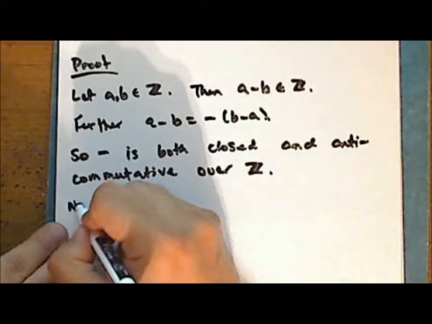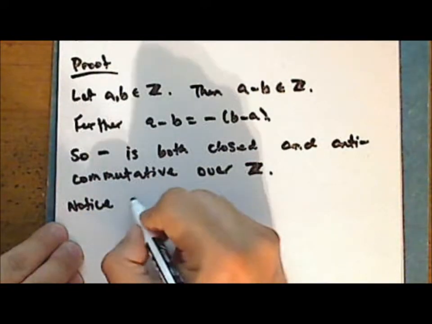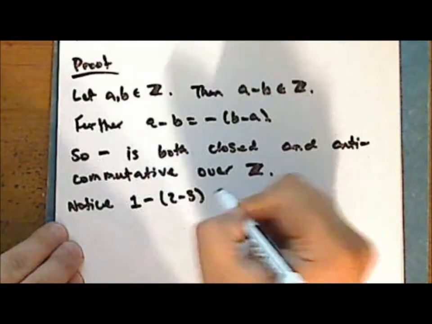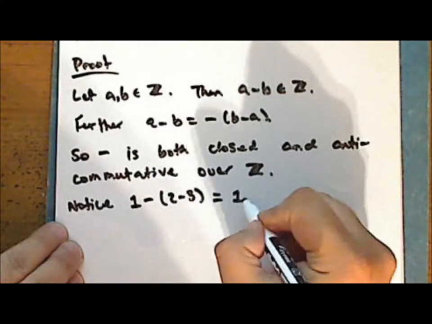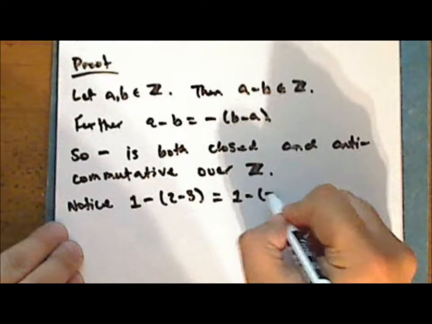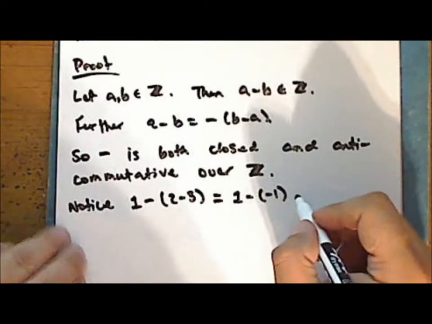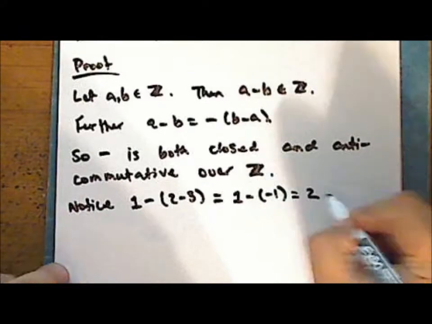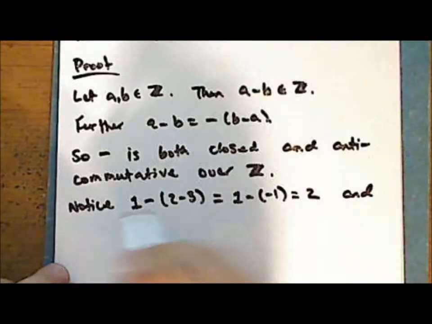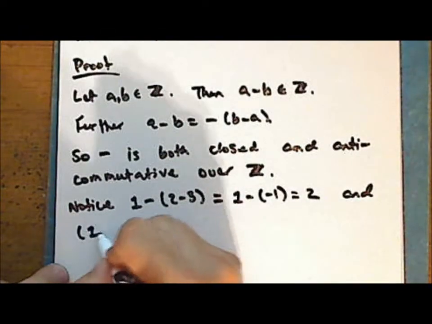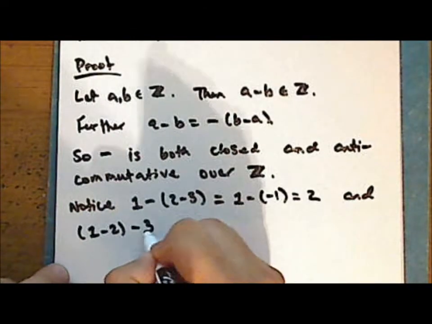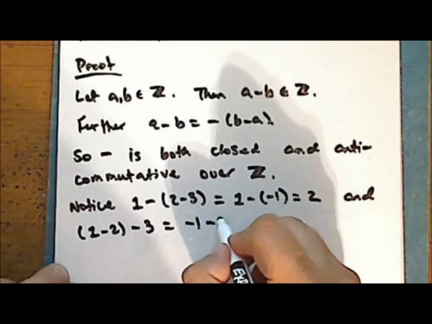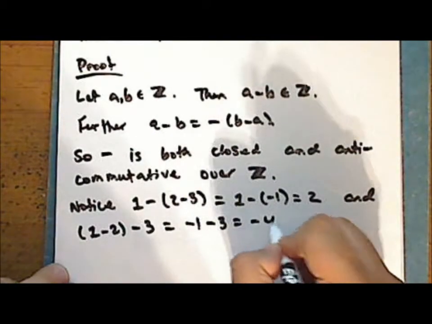Now notice that 1 minus the quantity 2 minus 3 is 1 minus negative 1, which gives 2, and the quantity 1 minus 2 minus 3 is negative 1 minus 3, which gives negative 4.